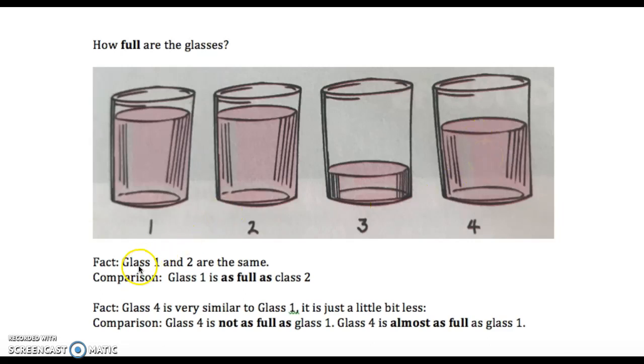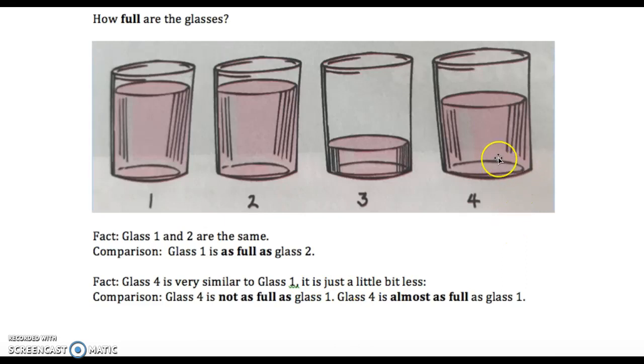So we could say glass 1 and 2 are the same. If we want to use a comparison with as, we would say glass 1 is as full as glass 2. So we're comparing two glasses, right?